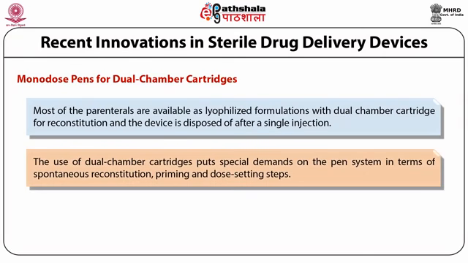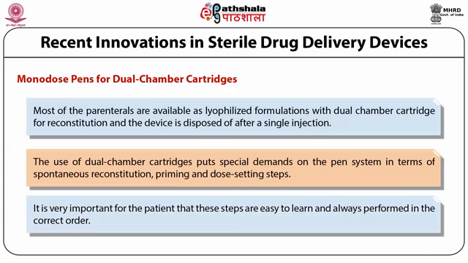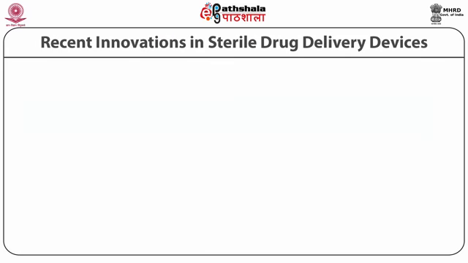The use of dual chamber cartridges puts special demands on the pen system in terms of spontaneous reconstitution, priming, and dose setting steps. It is very important for the patient that these steps are easy to learn and always performed in the correct order.